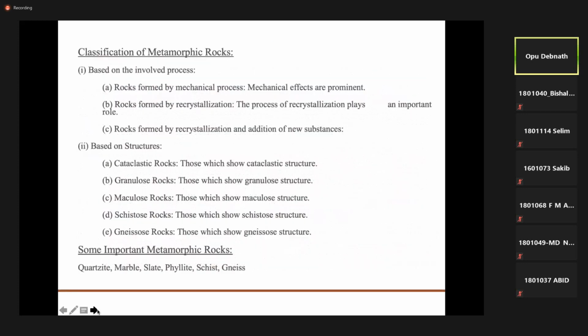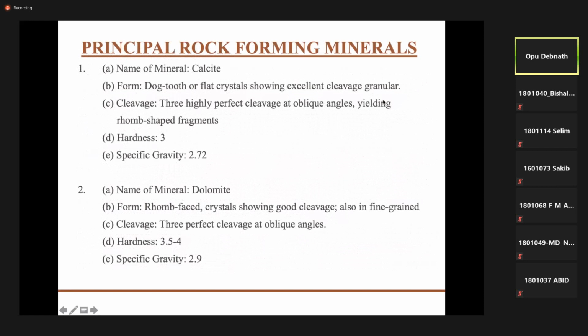So while we are at the end of our lecture on the topic of rock and mineral, now I want to recall some minerals. Early in the very first classes of this topic, we discussed the rock forming minerals, the names of some scattered minerals.